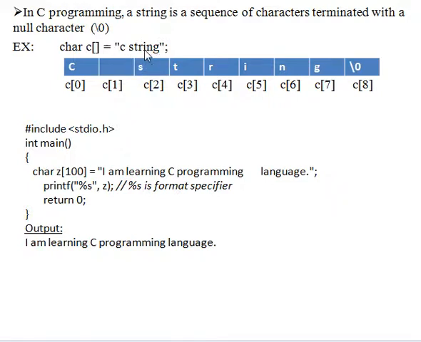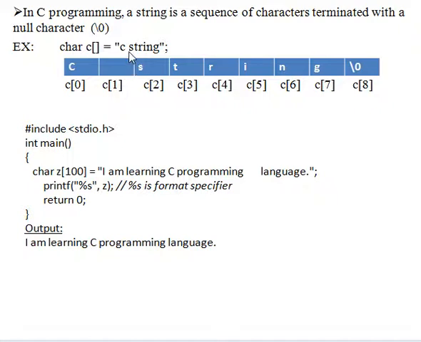So "C string" is a string. We are assigning this string to array c, which is of character data type. As usual, the first character C will be stored at position c of 0. c is the array name, 0 is the index. The second character is a space, stored at c of 1.